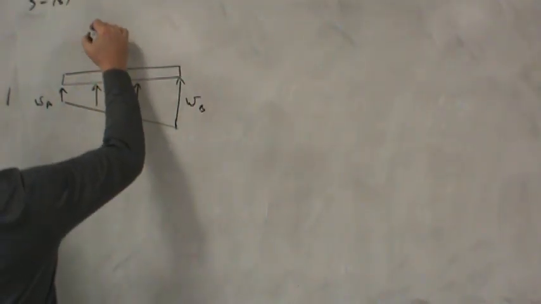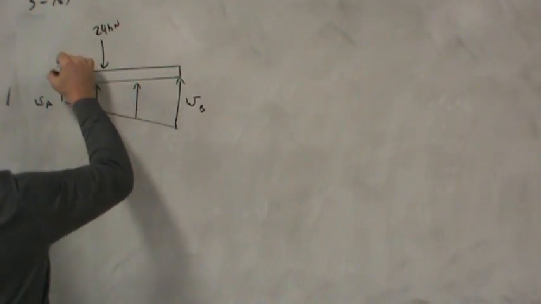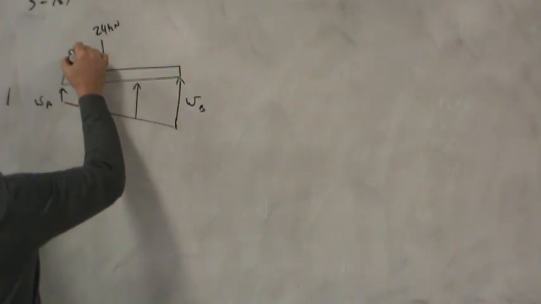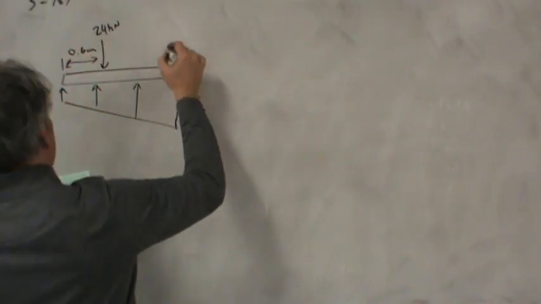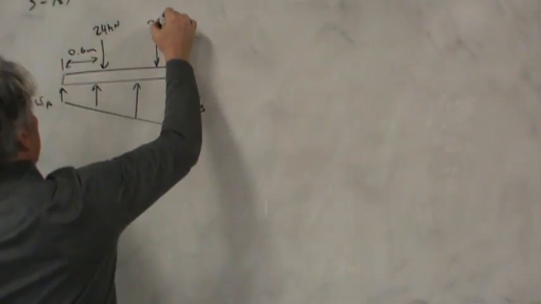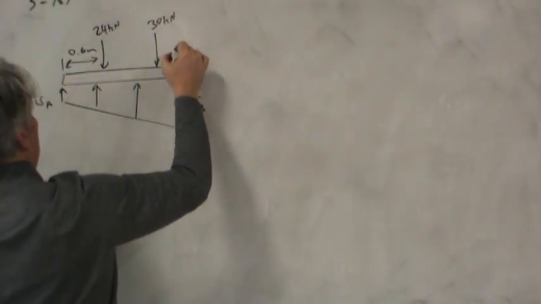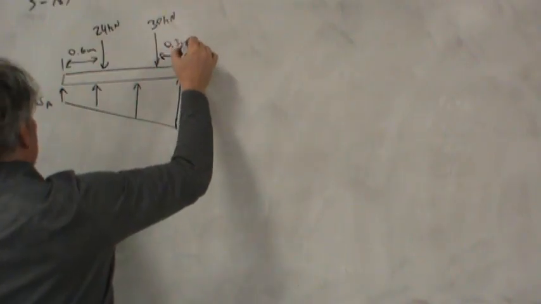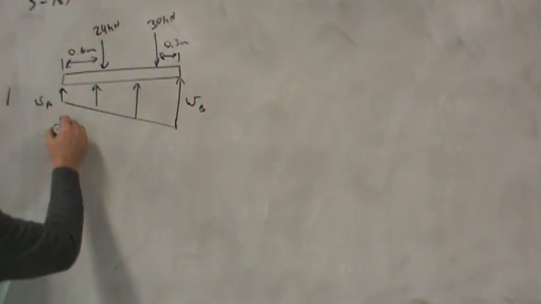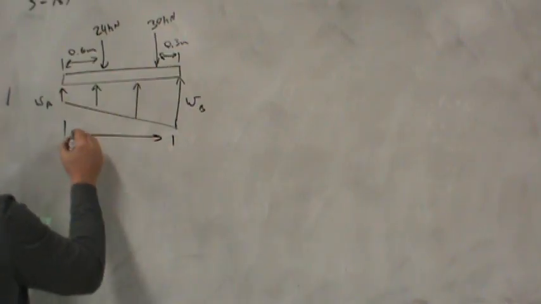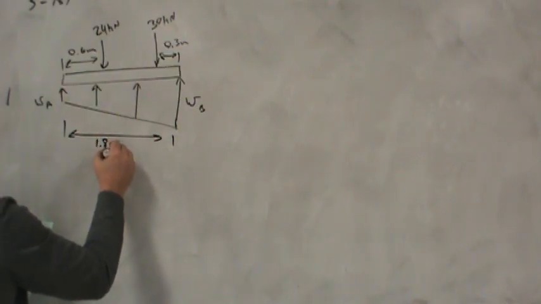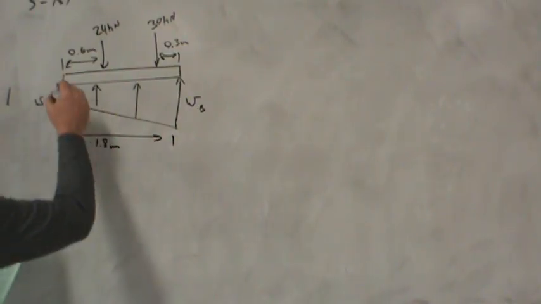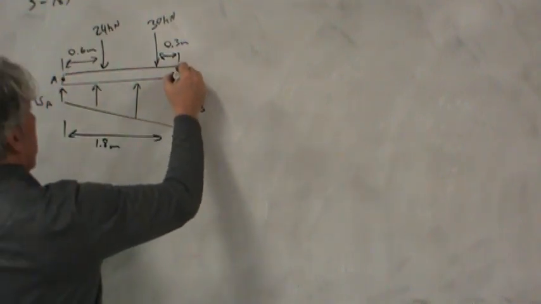There's a concentrated 24 kilonewton load that is 0.6 meters from the left and a 30 kilonewton load that is 0.3 meters from the right. Now the length of this distribution is 1.8 meters from end to end, what we'll call point A to point B.